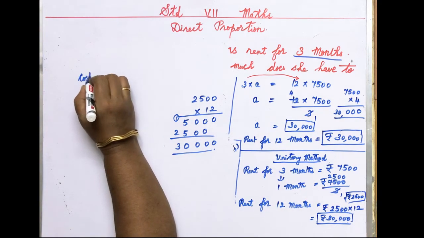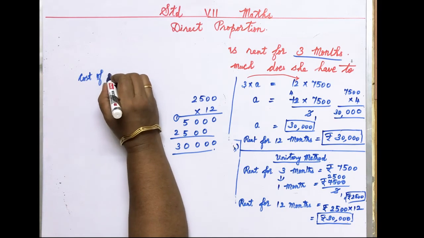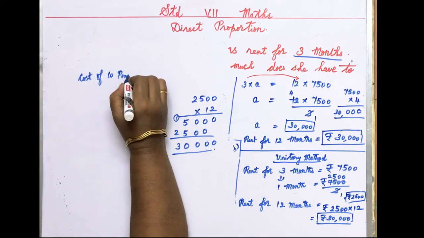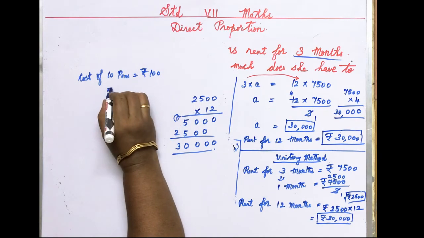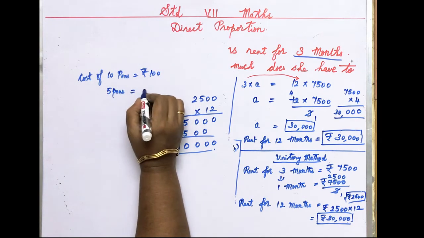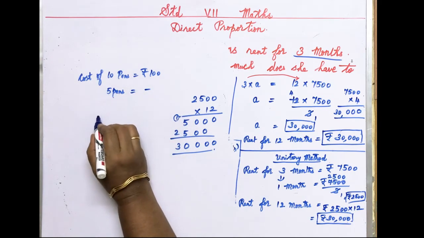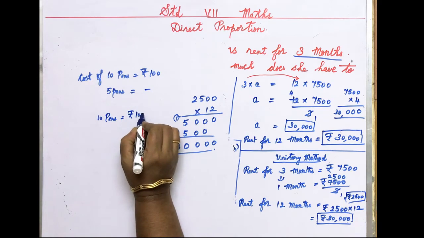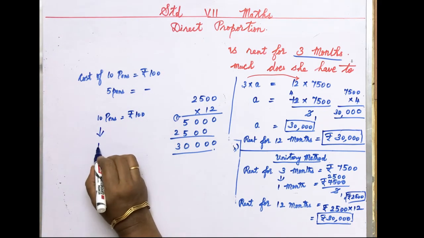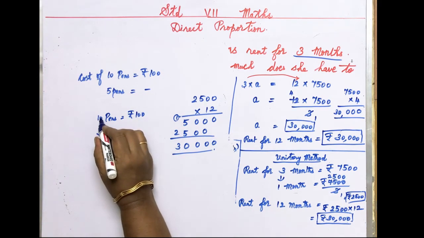Suppose the cost of 10 pens is rupees 100. You want to find out for 5 pens using the unitary method. How will you do it? From 10 pens, 100, we have to find out for 1 pen. How will you find out from 10 to 1?